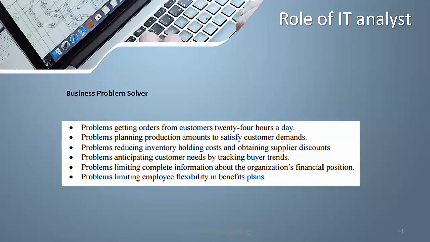The third one says the problems are reducing inventory holding costs and obtaining supply discounts. I think here maybe the cost of producing the product is much more than the profit.